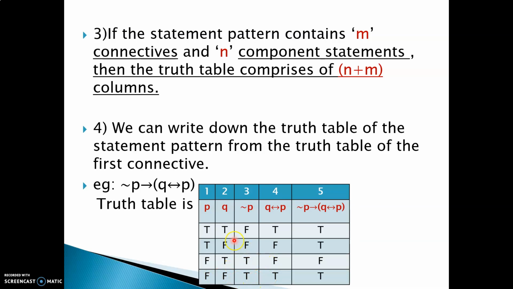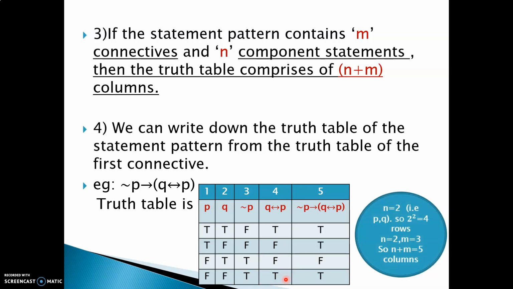Then we will take the full statement pattern. It's a combination of column number 3 and 4. So false implies true is true, false implies false is true, true implies false is false, true implies true is true. Here again you can see n equal to 2, we already discussed.